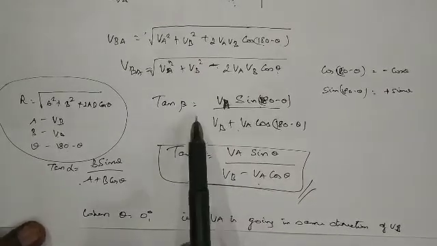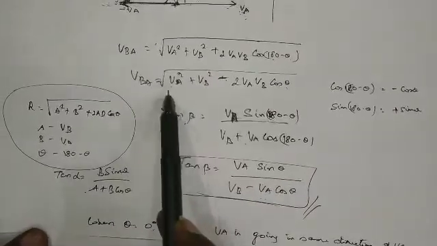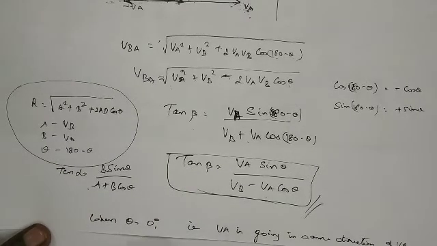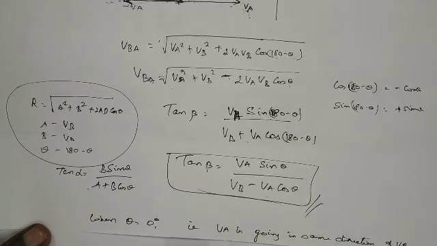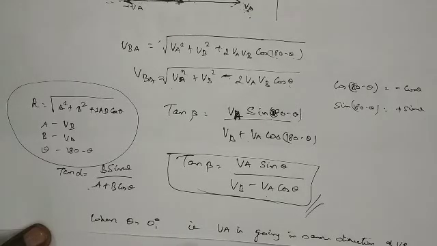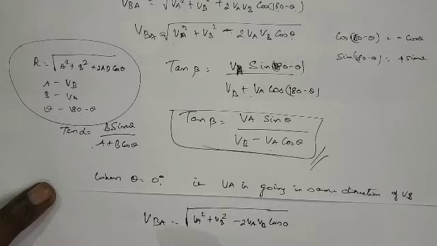So how will this be now? VBA is equal to under root of VA square plus VB square minus 2 VA VB cos 0. Cos 0 is 1.